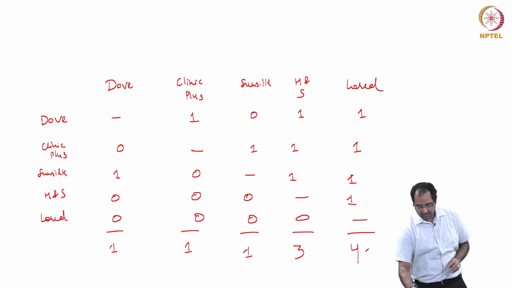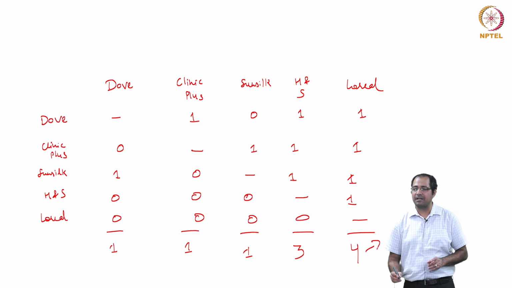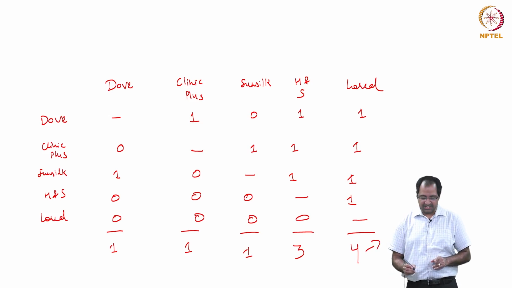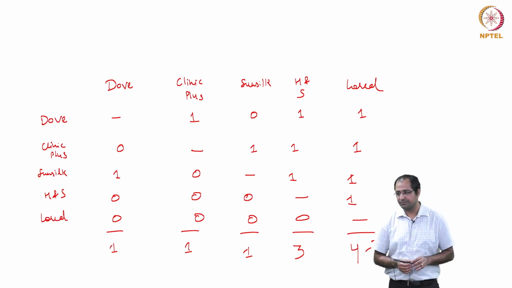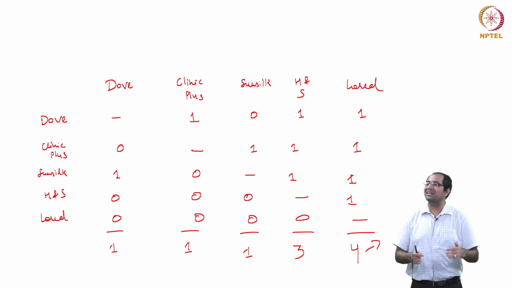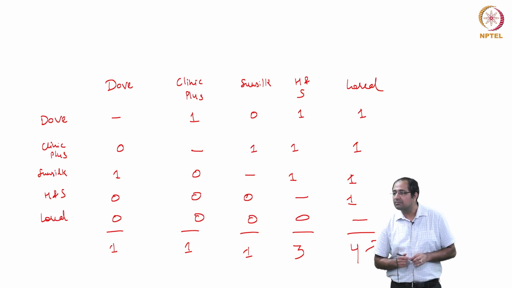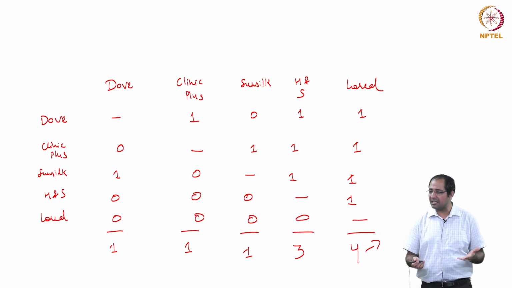So L'Oreal is most preferred, second is Head and Shoulder, and Sunsilk, Clinic Plus and Dove are low preference and equal. Likewise you have to collect data from 1000 people. Depending upon your market size, you have to take a representative sample and do this matrix.